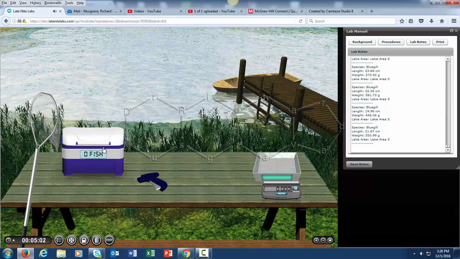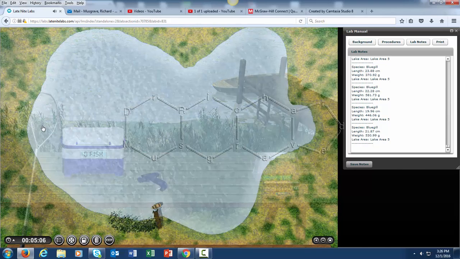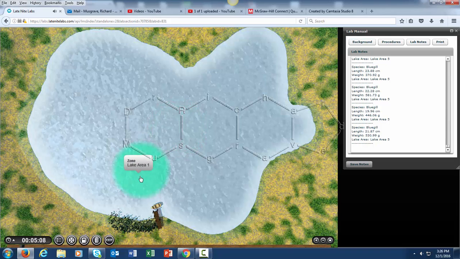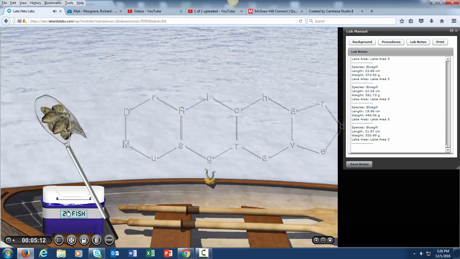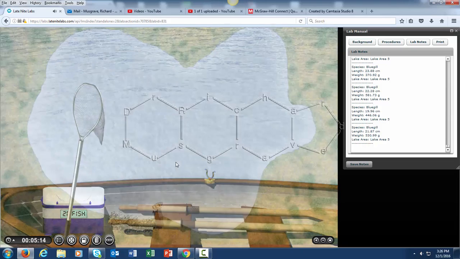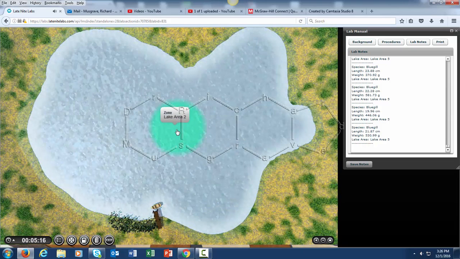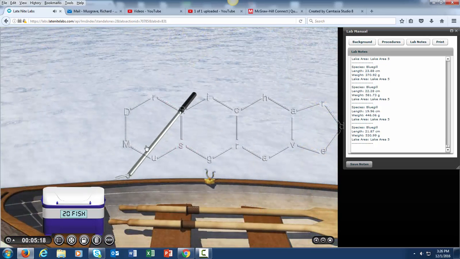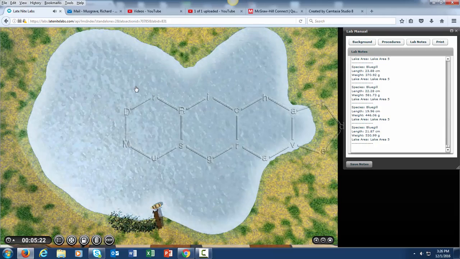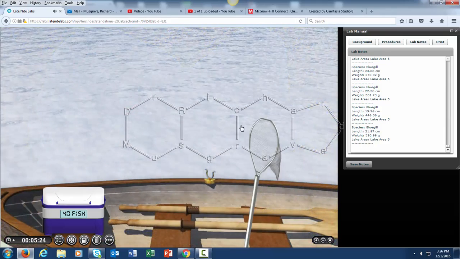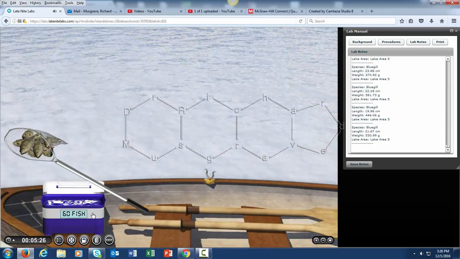Alright, so now a year has passed, so we're going to recapture these fish. Now this time we are going to re-tag them. This time they're going to have red tags on them, but we'll get to that in a minute. I've got to collect the fish first.